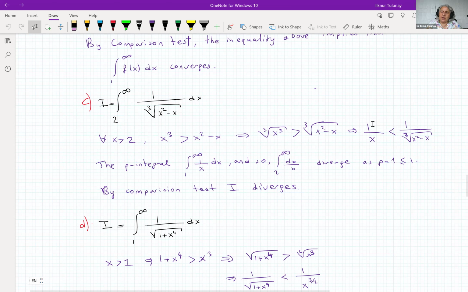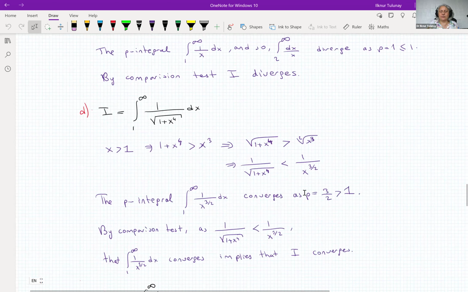Now you have 1 over x. 1 over x is the p integral. And this p integral diverges because p is equal to 1. Since the smaller one diverges, it explodes. The smaller ball explodes, the outside ball has to explode. That means that by comparison test, this integral has to diverge.